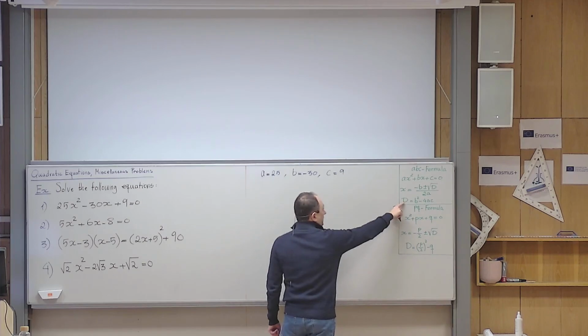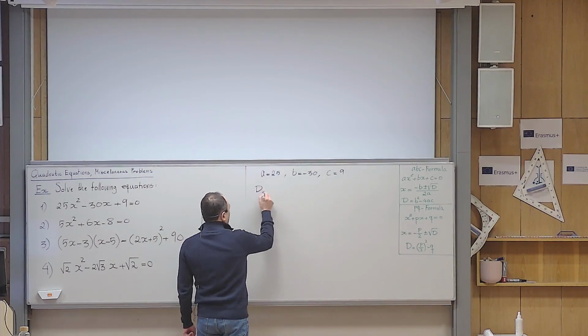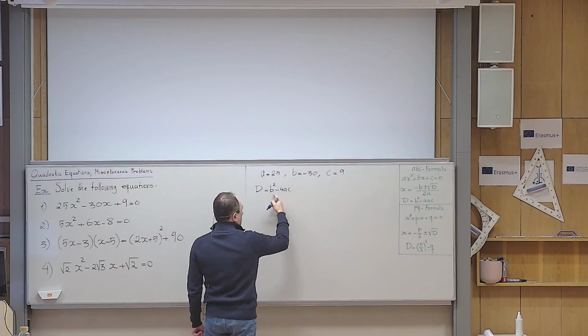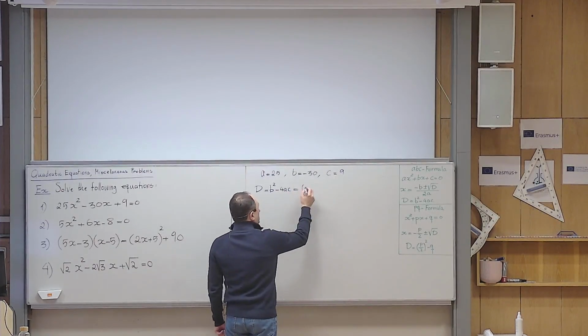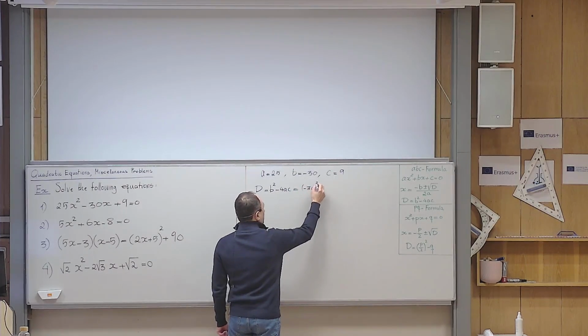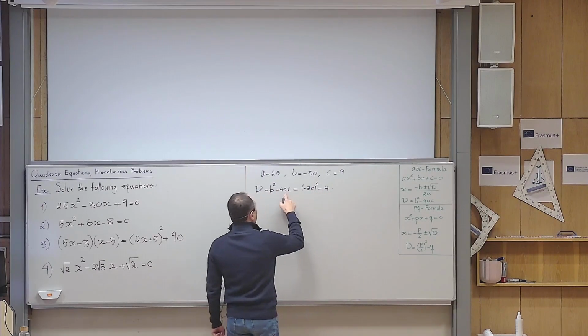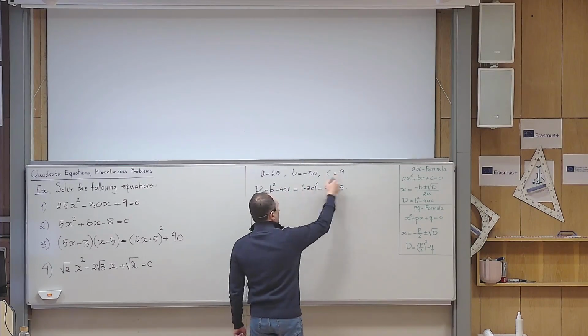Then I calculate this. What was the name of this? Discriminant. So I calculate the discriminant, which I have this formula. I try to repeat it so that I can memorize. So be patient. B is minus 30, then to the power of 2, minus 4 times A, which is 25, times C, which is 9.